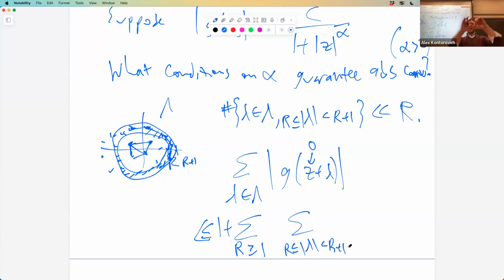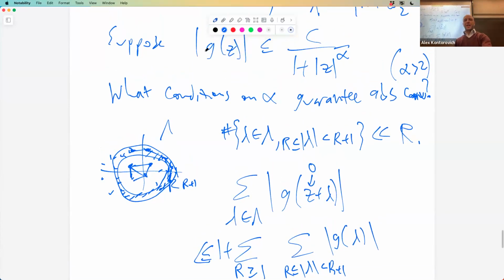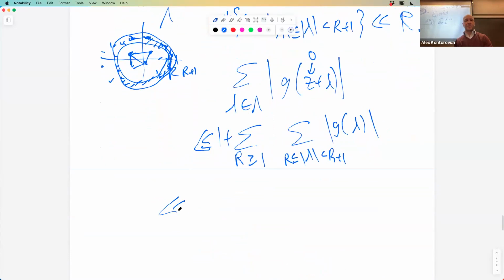So I want to grade this by the annulus and having larger and larger annuli going out, and then G of lambda in absolute value. Now we just said that G is going to decay like 1 over Z to a power alpha. Okay. So this thing is bounded.